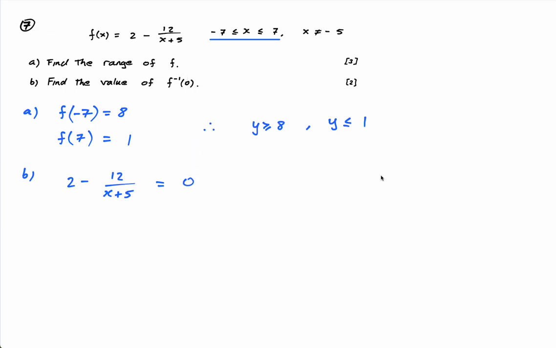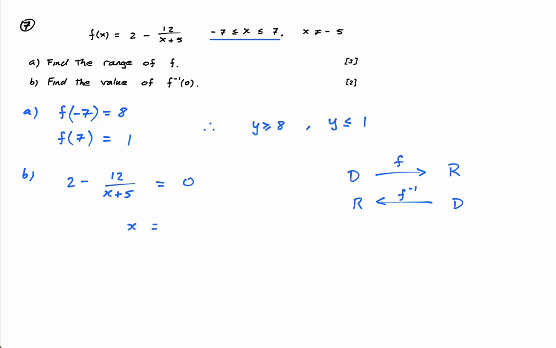Because if you put in the domain into the function, you get out the range. Well, the inverse function goes backwards, so the range becomes the domain of the inverse function. So this is like saying when y is 0, what was x?